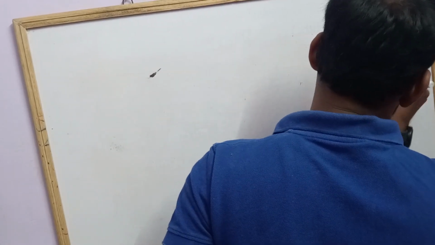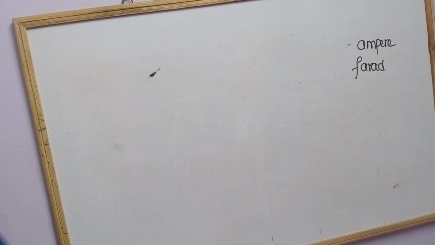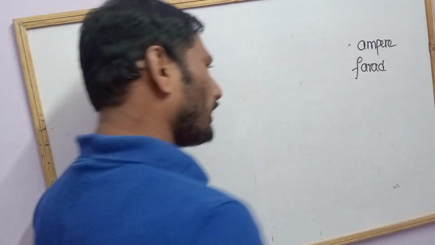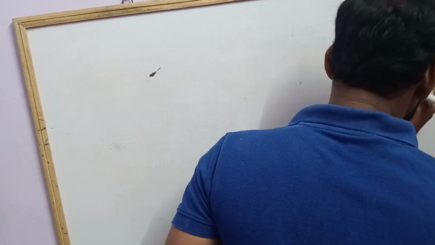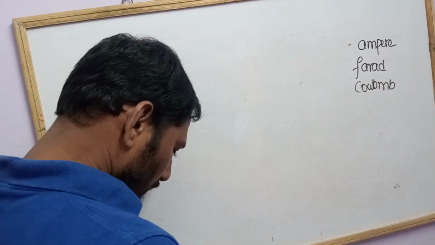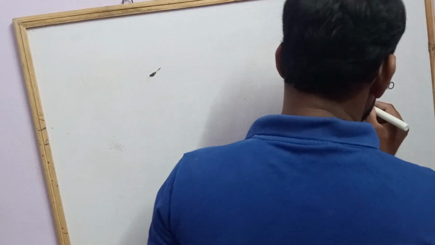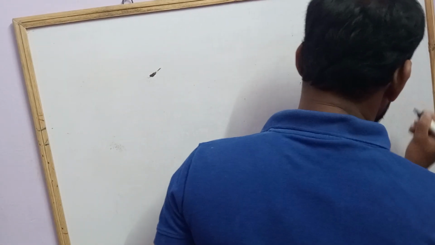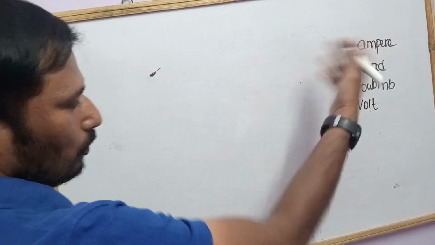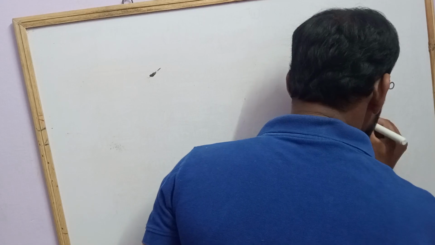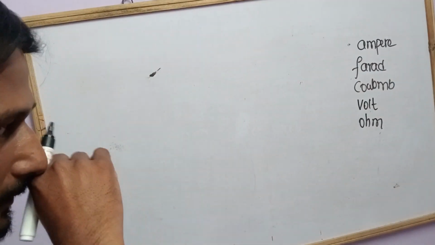Define farad. Define coulomb. After that, volt, 1 volt, or in generally volt. With respect to resistance, ohm, 1 ohm, or in generally ohm they will ask.